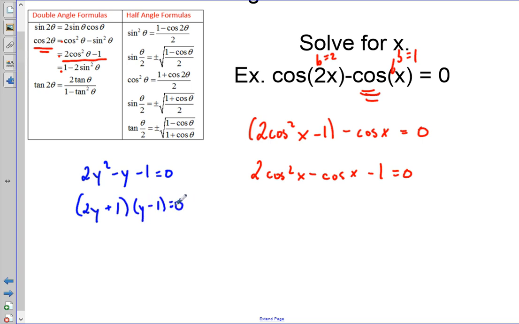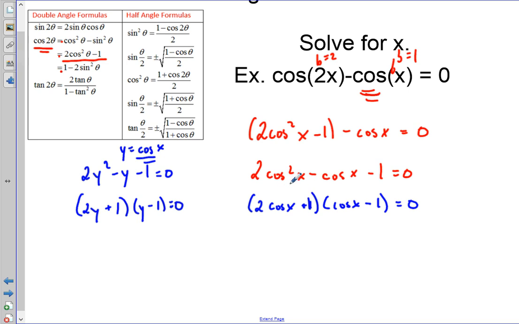We can check it out, see if this works. 2y squared, and then we have right here negative y, and then negative 1. Yep. Since y is actually equal to cosine of x, we're going to have a solution of 2 cosine of x plus 1, and that's going to be cosine of x minus 1 equaling 0.